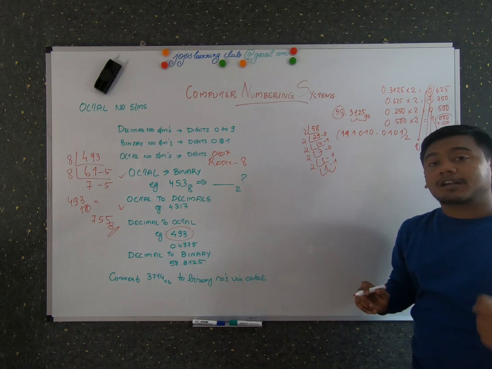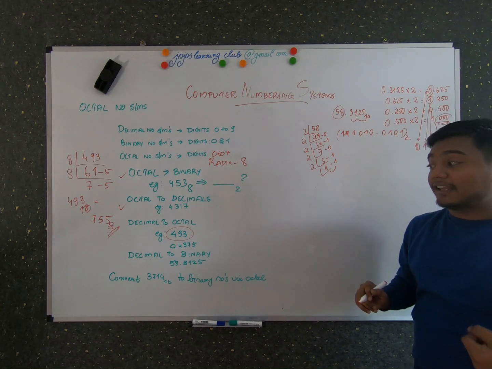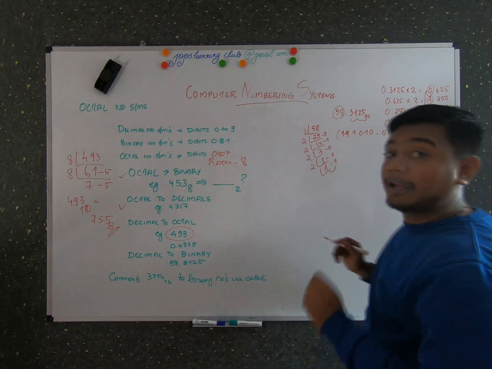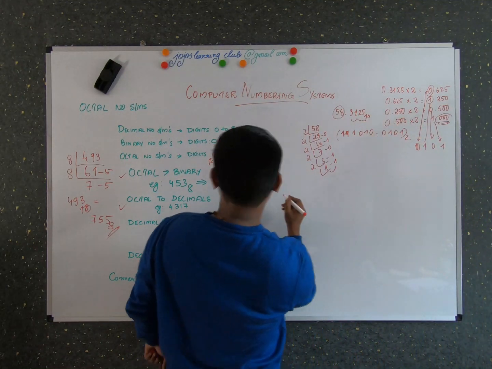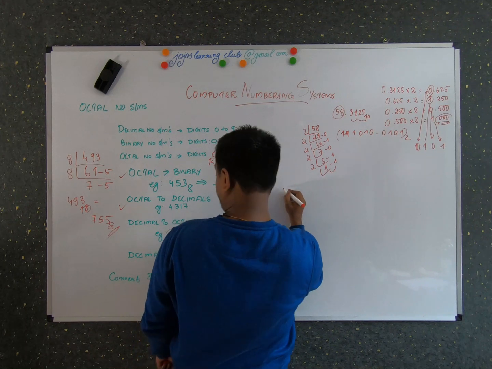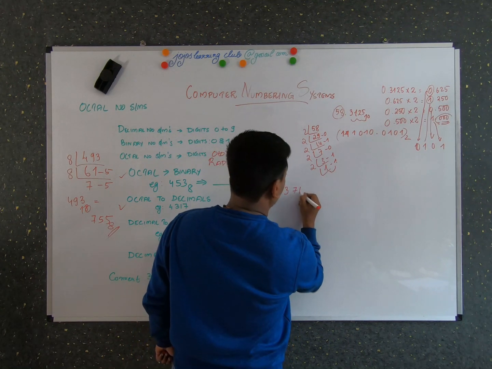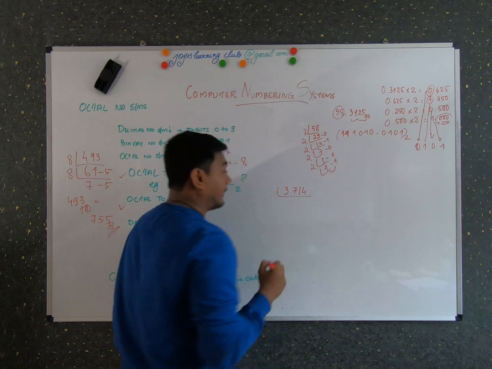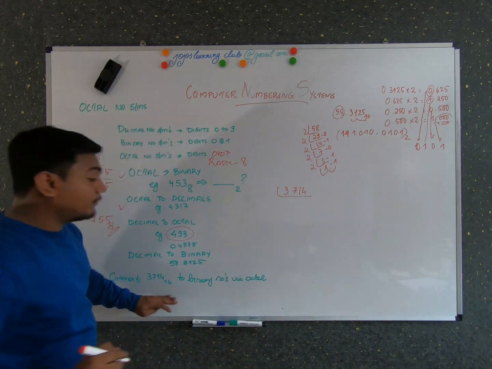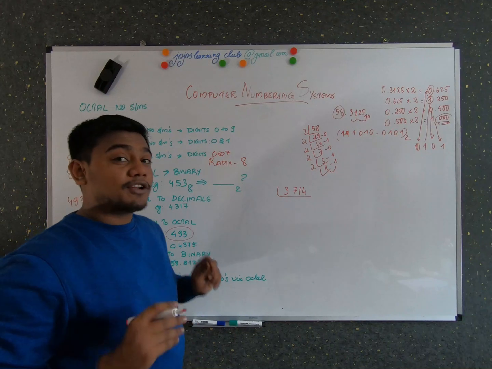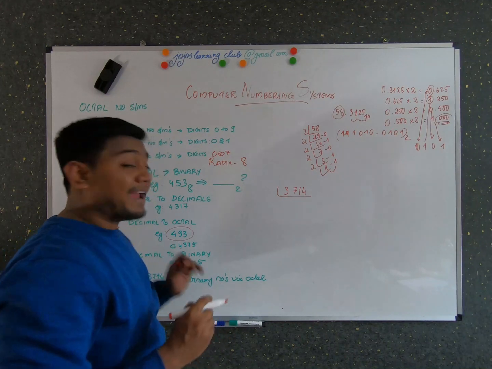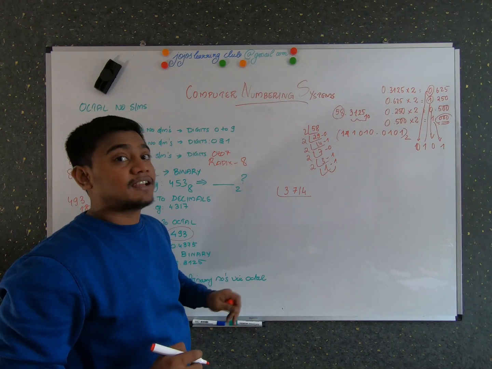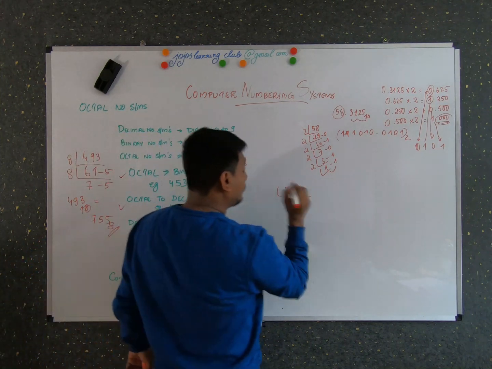The main use of octal numbers is to write decimal numbers easily in terms of binary numbers. So now let me write an example for it. The example would be 3714. Now we have to convert it into binary numbers via octal, because it's much easier than doing it with 2.